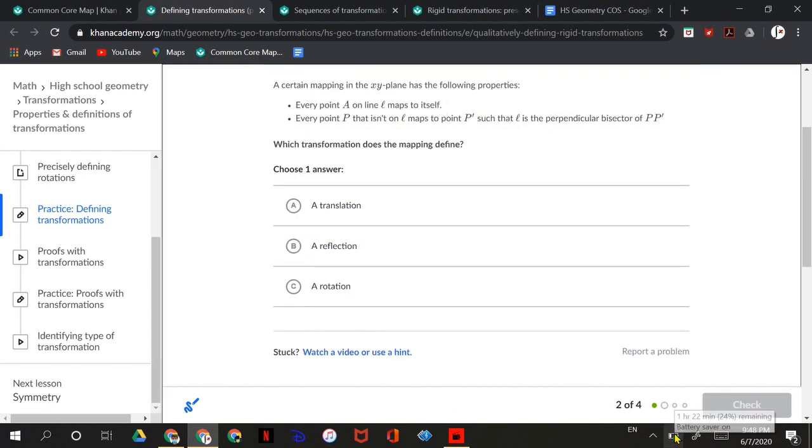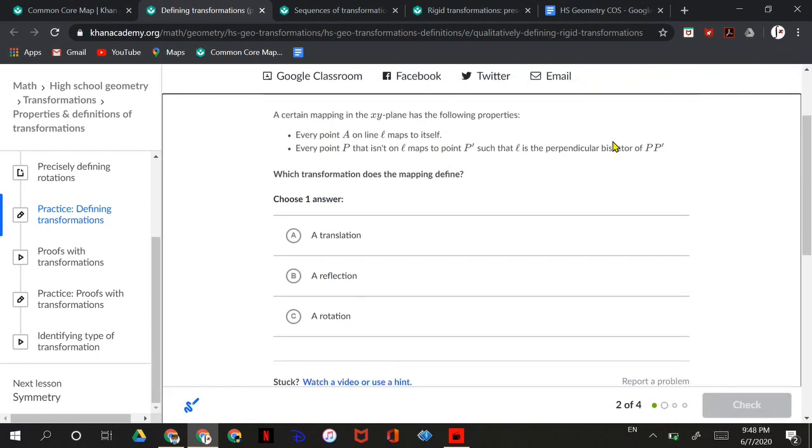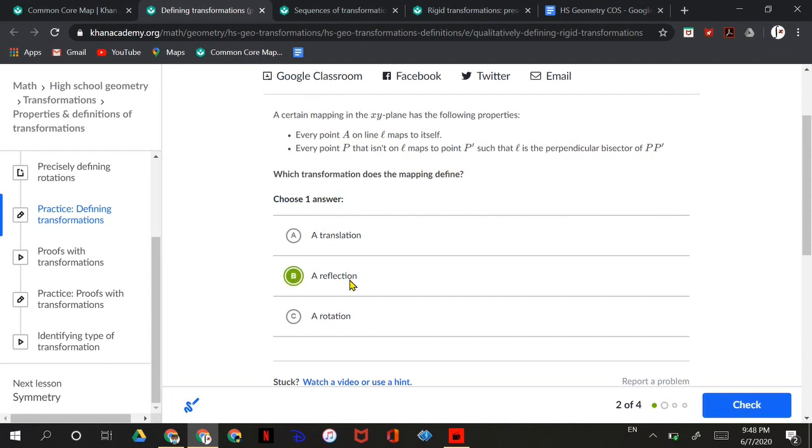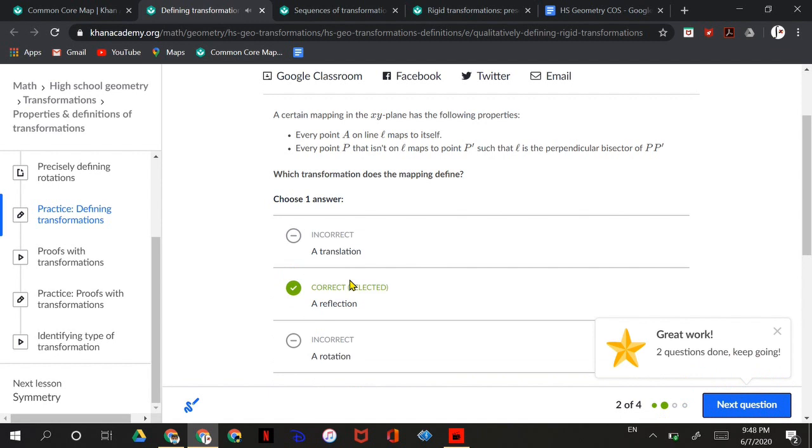What transformation does the mapping define? Every point A on line L maps to itself. Every point P that isn't on L maps to P1 such that line L is the perpendicular bisector of PP1. Let me just draw this out real quick.